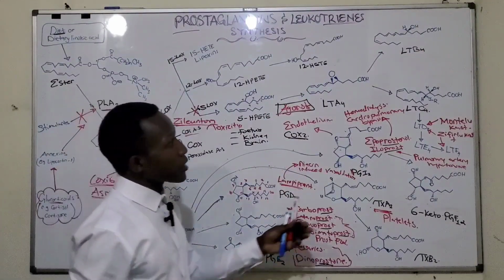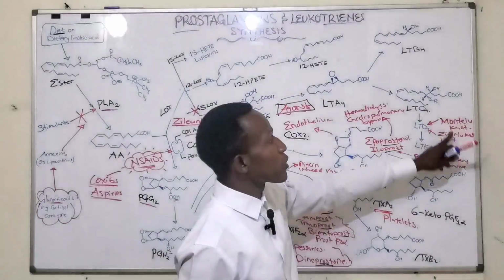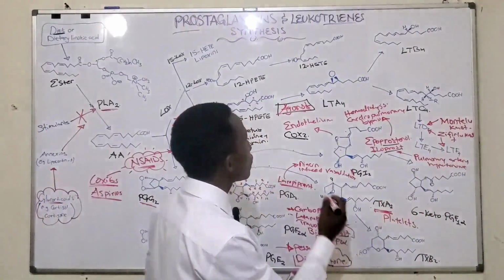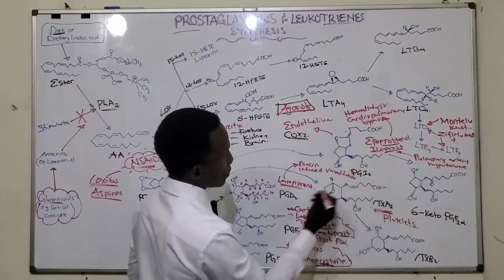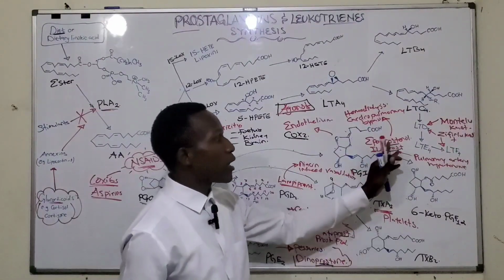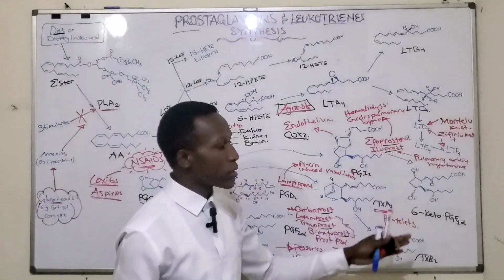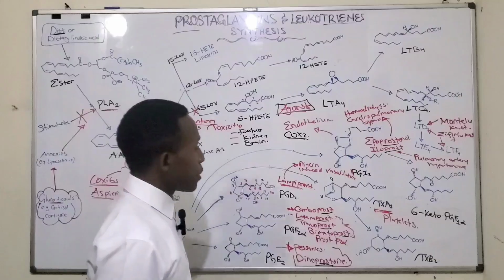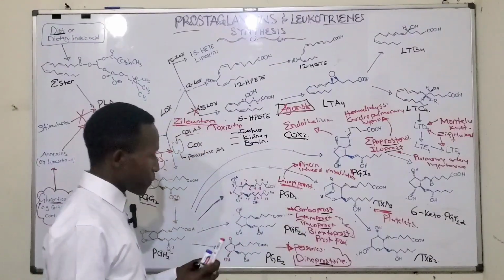But for other drugs, for example, you see montelukast, zafirlukast, they are not agonists, but they are antagonists. So they don't have these prosts. But when you see iloprost, epoprost, prostenol, they have prost, meaning that they are agonists.